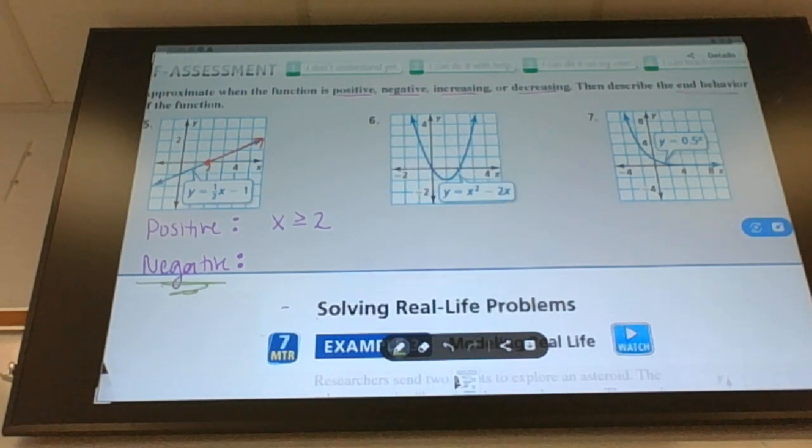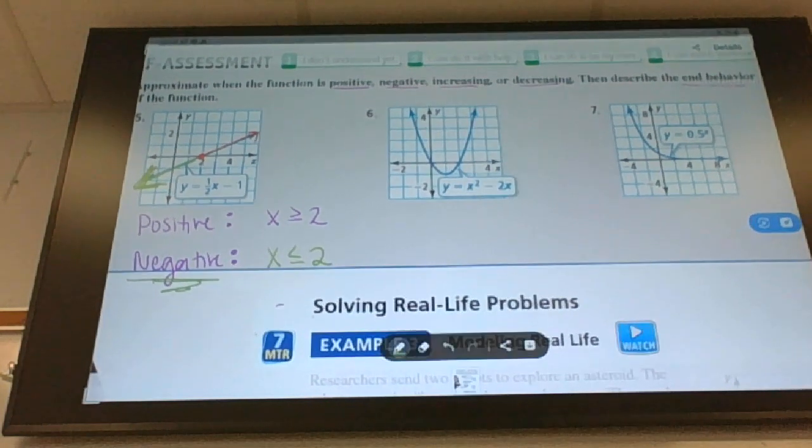Alright, the negative, I'll color in green, is down here. How do you describe that? Less than 2. Yeah, on the left of 2. I'm concerned about my equal sign. It can't be the same.